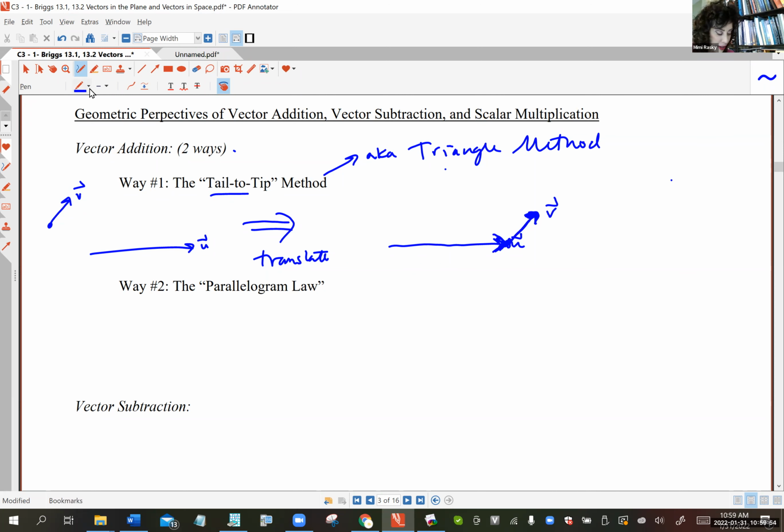Now, here's why they call it the triangle method. You're going to connect the tail of u to the tip of v and get a new vector, and that's the sum. And you're done. You just are giving a picture of what the sum of u and v look like, and that is called the resultant vector.